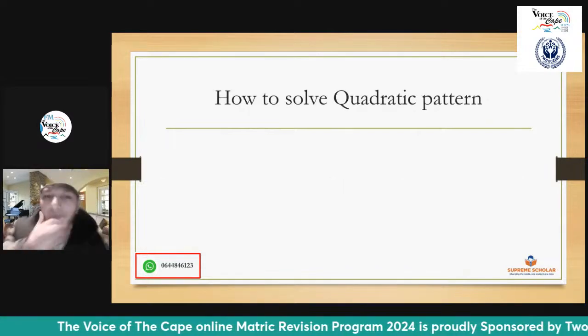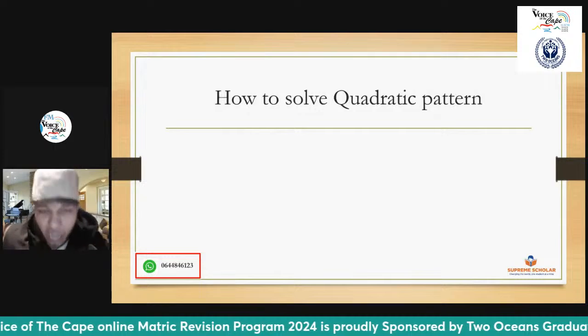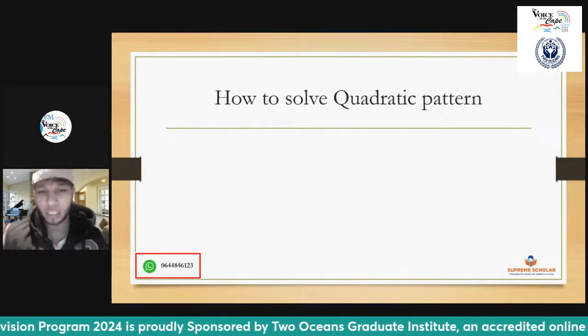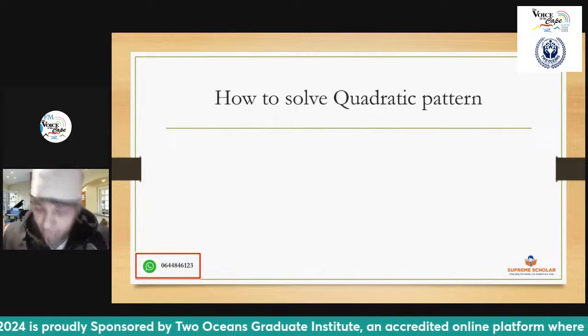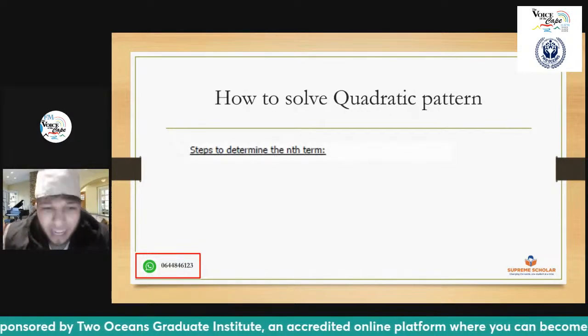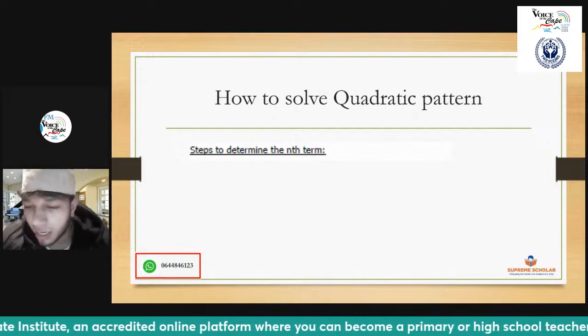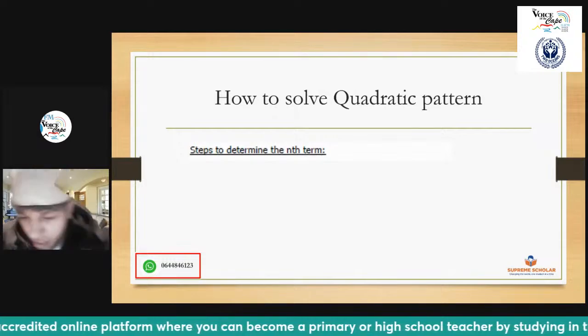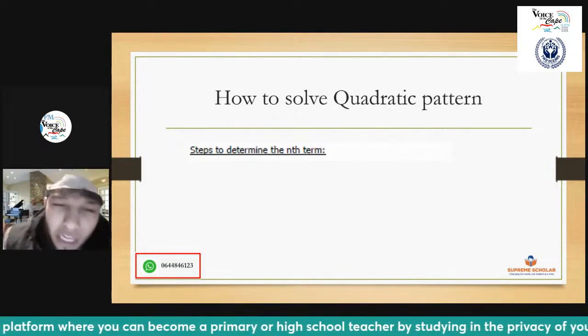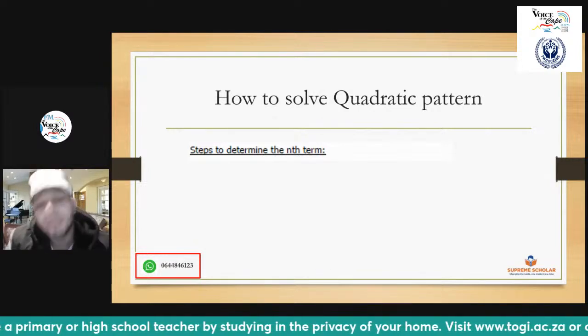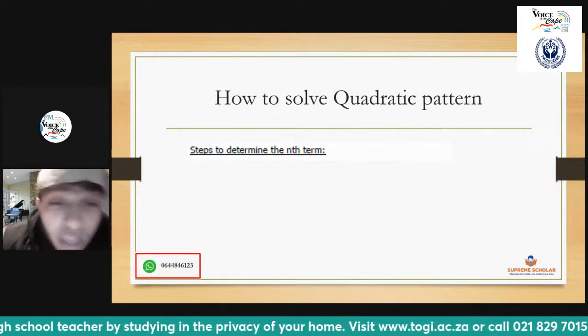So, I'm going to show you how to solve a quadratic pattern. What are the steps? How do you go about it? All right? So, steps to determine the nth term. Now, when you see nth term, some students, when I'm tutoring or teaching them, don't know what nth term means. Nth term is basically referring to the general term.